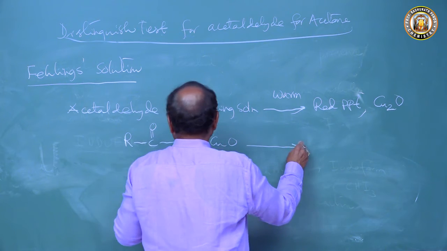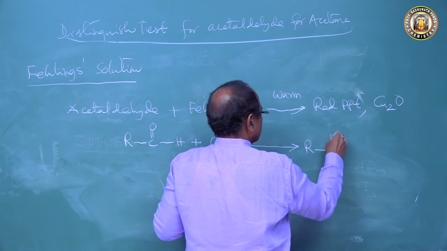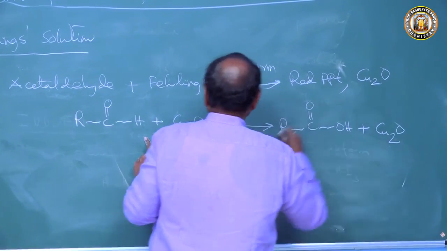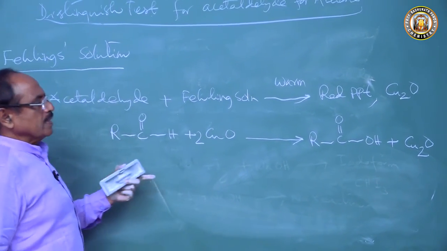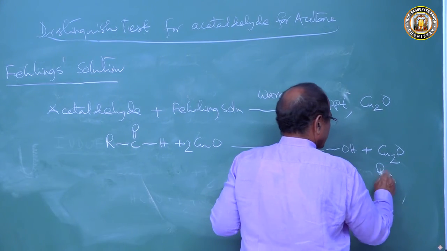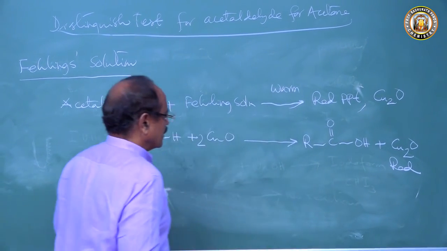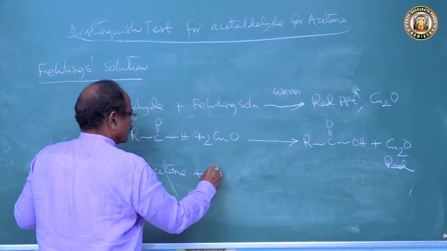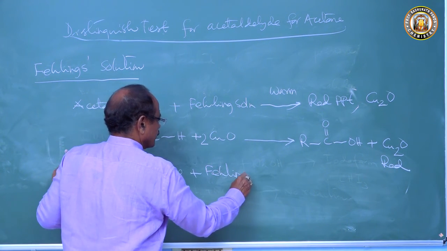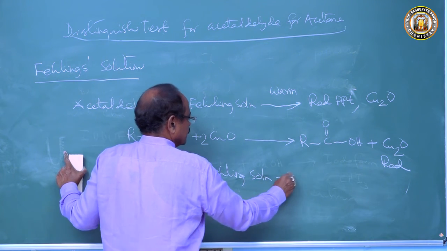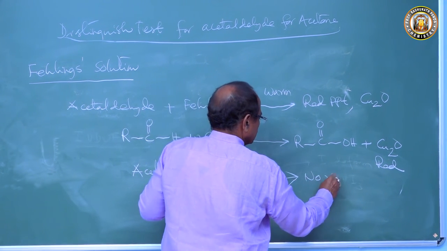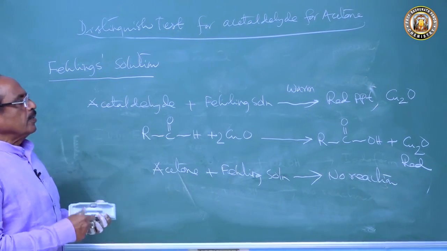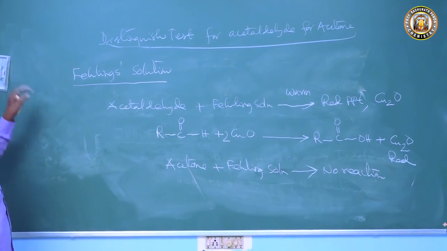This cupric oxide oxidizes the aldehyde to form carboxylic acid and gets reduced to cuprous oxide, which is the red precipitate we get, but not with ketone. If we take acetone plus Fehling solution, no reaction. So this is the way you can distinguish between aldehyde and ketone.